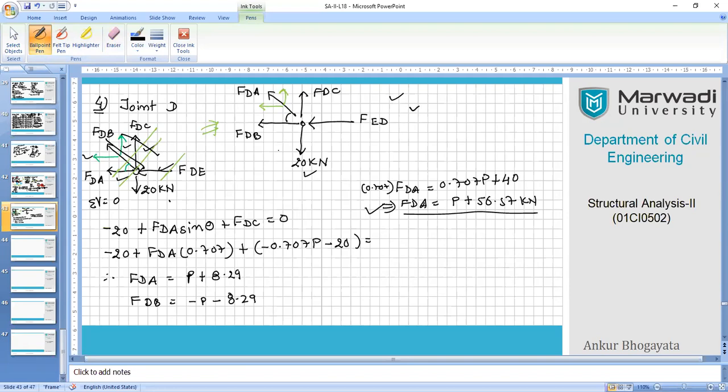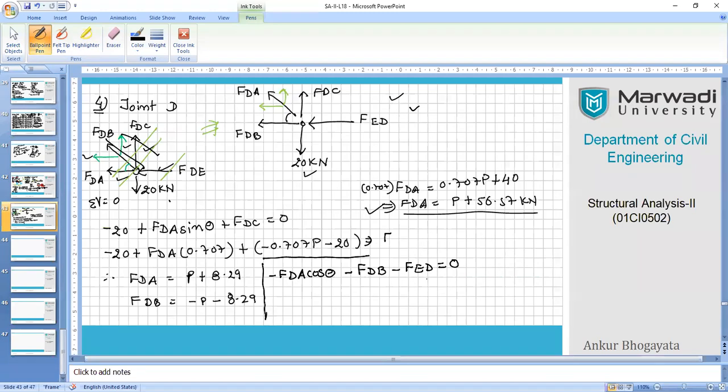So let's take one by one, like F, let me write it here. Let it look ugly, but F dA cos theta, and that is negative. Then we have negative f dB, then we have negative f ED, and that is equal to 0, right?